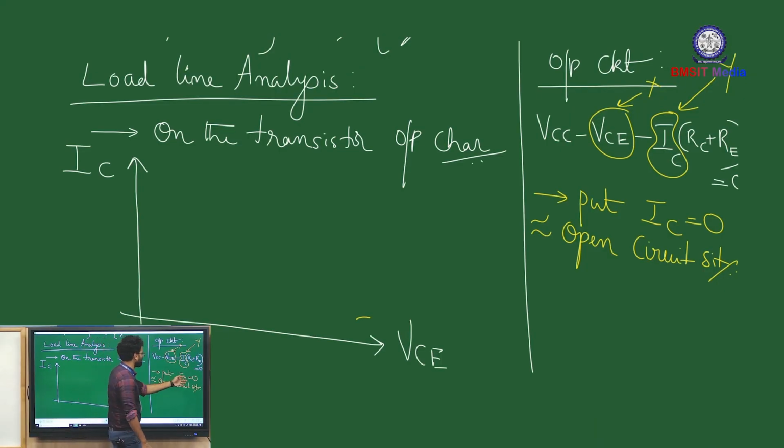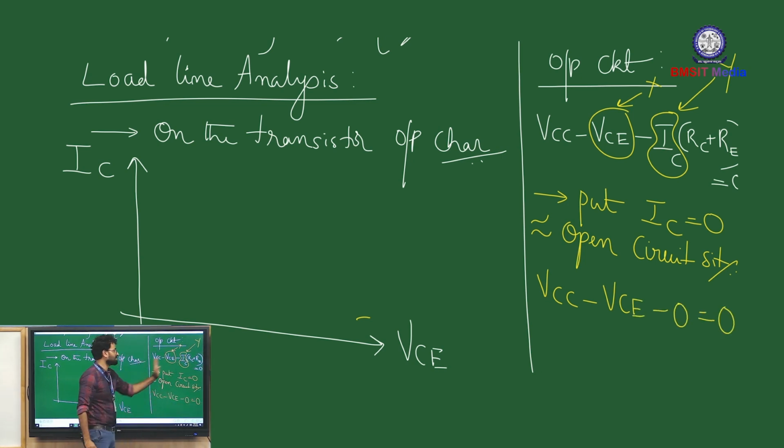So if you take IC equal to zero, your equation takes the following shape: VCC minus VCE minus 0 is equal to 0, because IC you have assumed 0, so 0 into resistance value gives 0 volts. So you get VCE is equal to VCC.